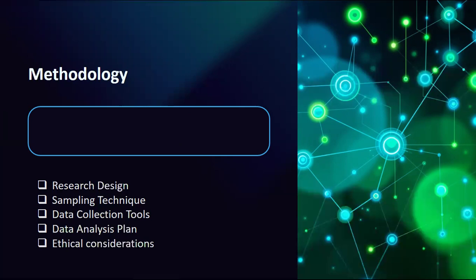So you state the research design and the approach, and then you state your population size, your sample size, and the sampling technique you intend to use. Then you can go on to talk about your data collection tools, how you intend to collect the data, how your data will be analyzed, as well as the ethical considerations you have decided to use.